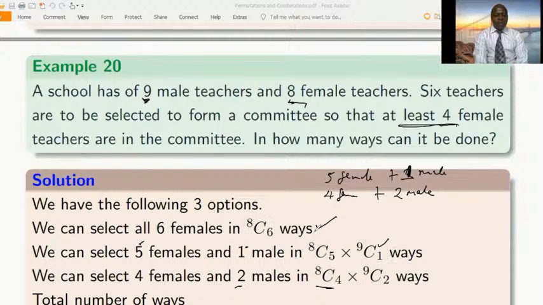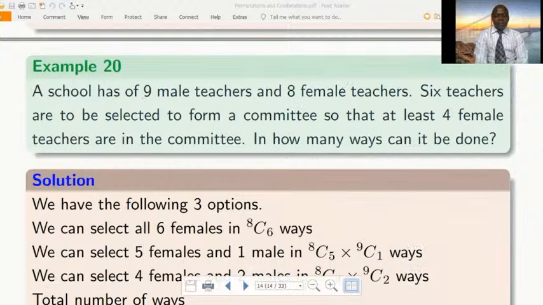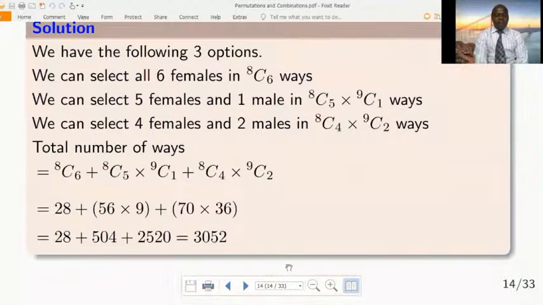Then you do this combination and just add the results, and you'll have the answer that is needed for this question. That's what I did here. So you know how to do this. And of course, your calculator has this. Just press combination 8-6 and you get 28.